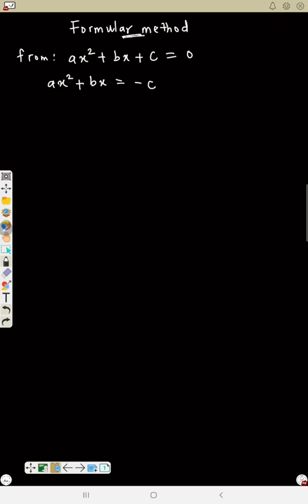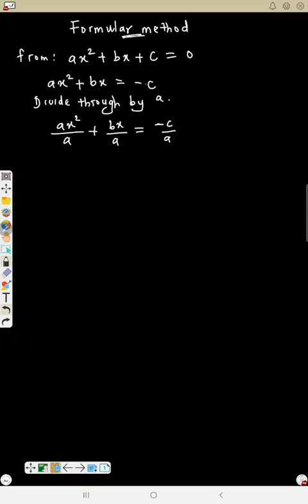Now there is a coefficient here, that means you will divide through by a. So we have ax squared divided by a plus bx divided by a equals minus c divided by a.